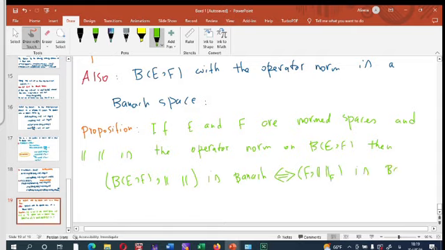Or we can write complete or Banach. Okay? Complete or Banach. Banach space or complete. Okay? Complete.